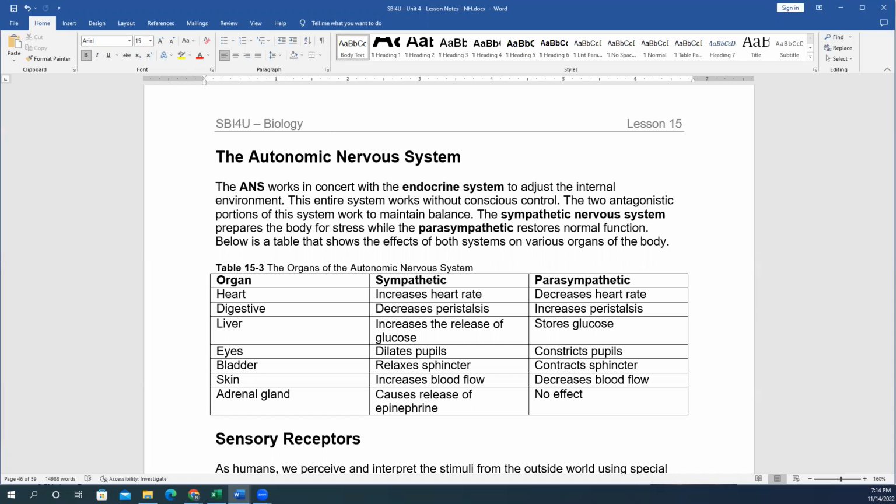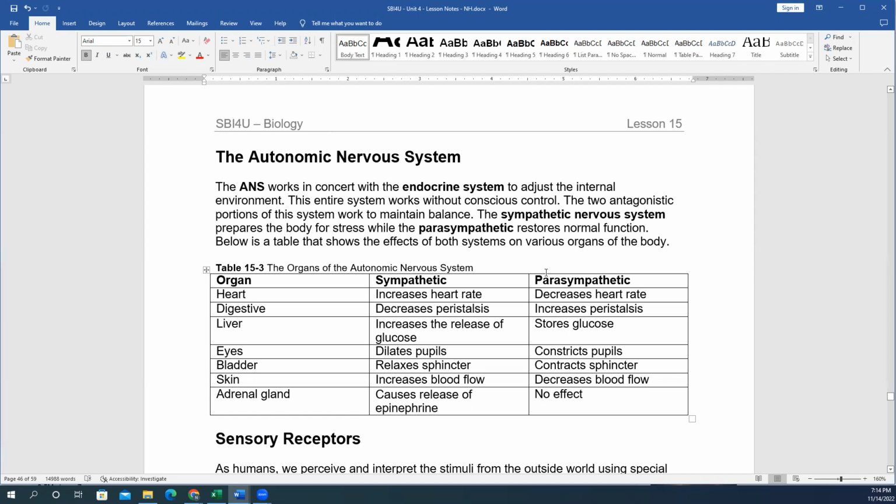In place are those two antagonistic portions of the system that work to maintain that balance. Antagonistic meaning working against each other. So you have the sympathetic nervous system that prepares the body for stress, while you have the parasympathetic nervous system that restores the body back to normal function.